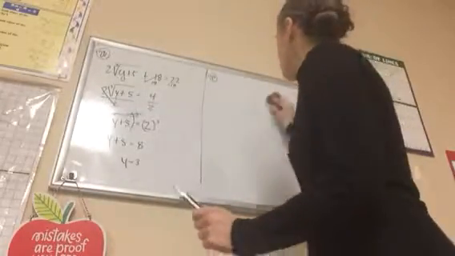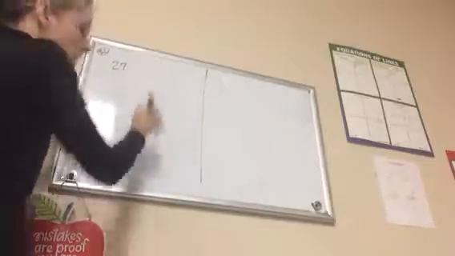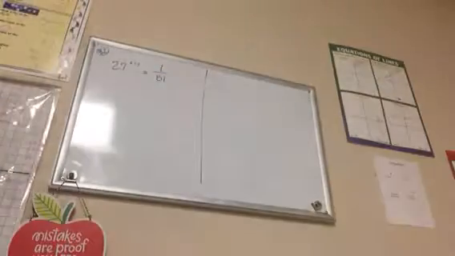Problem 32. Seven to the x minus 1 power equals 1 over 81.